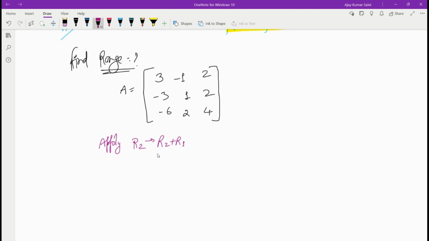Why do I write this? If I add R1 to R2, this element becomes 0.